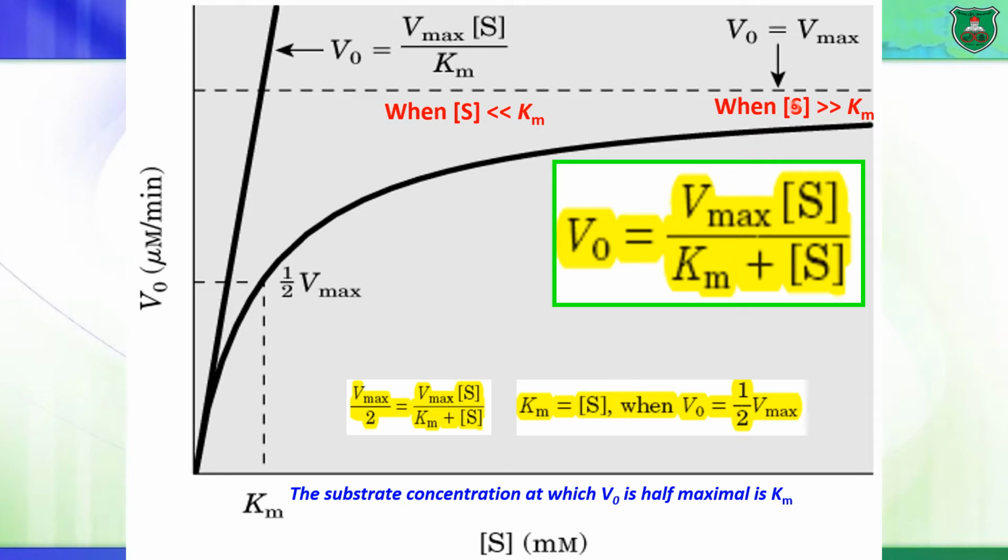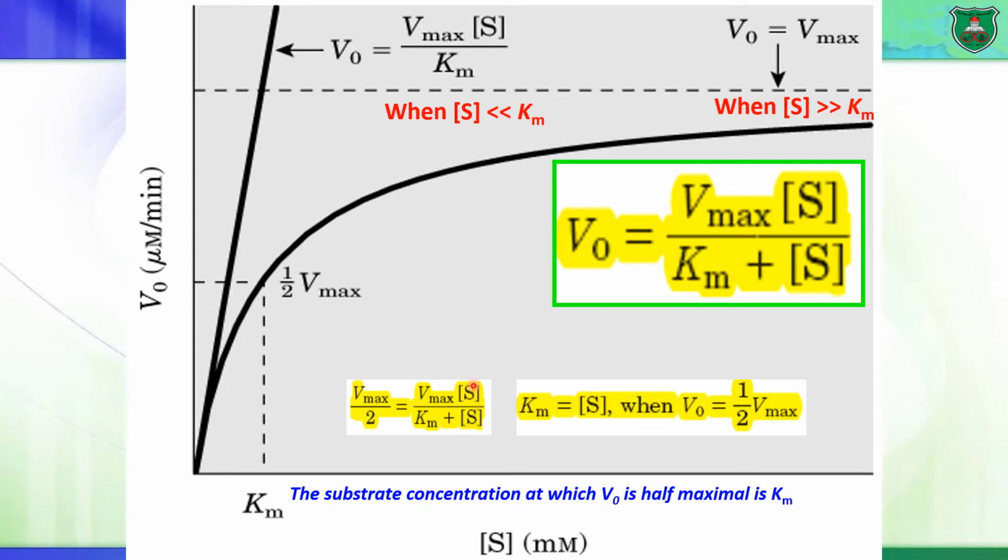Now when the substrate concentration is very, very high, higher than Km, so we're talking about something like in here, for example, or even more, in this case, Km would be insignificant compared to the concentration of substrate. So let's say that Km is 1, but the substrate concentration is 99.